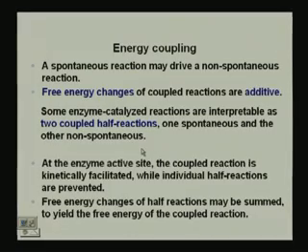Now, at the enzyme active site, the coupled reactions are kinetically facilitated while the individual half reactions are prevented from occurring. For example, if a certain reaction has a negative free energy, then since it is spontaneous, it would continually occur. But this does not happen because it is an enzymatic reaction.